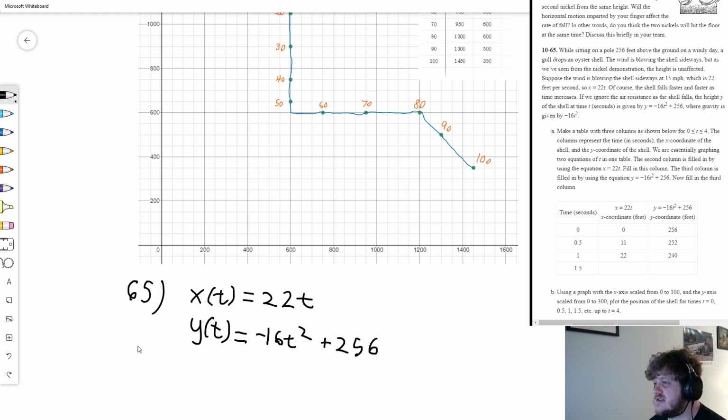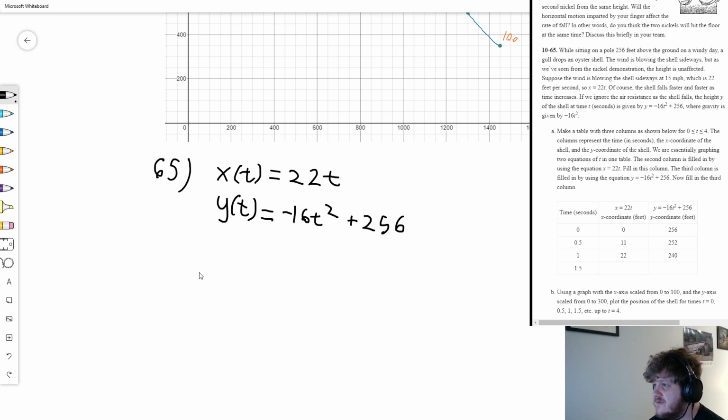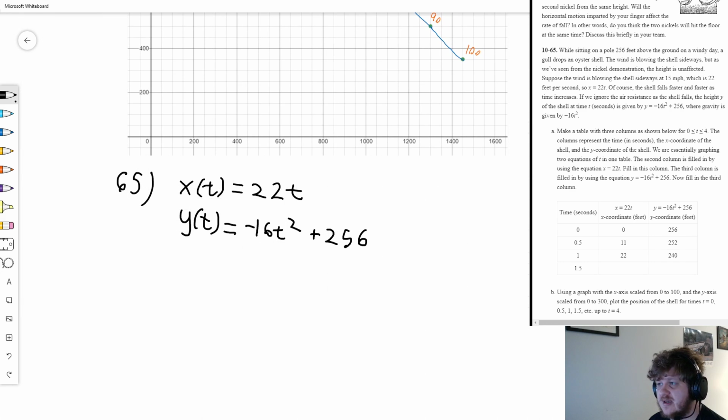Now in A, it wants us to make a table based on these two equations between 0 and 4. It already has part of the table, so you would just fill out the rest of the way. Then you're going to create a graph similar to the one you did in 63.